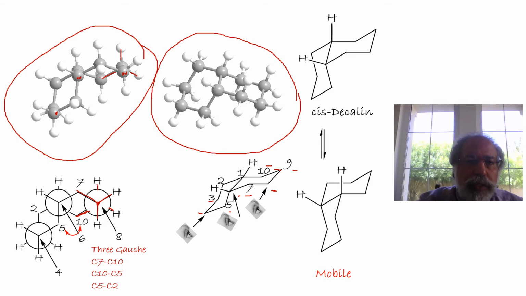The CH2 here is going to carbon number 1 in the back, with hydrogen up, and CH2. So this one has hydrogen, CH2, and CH2.